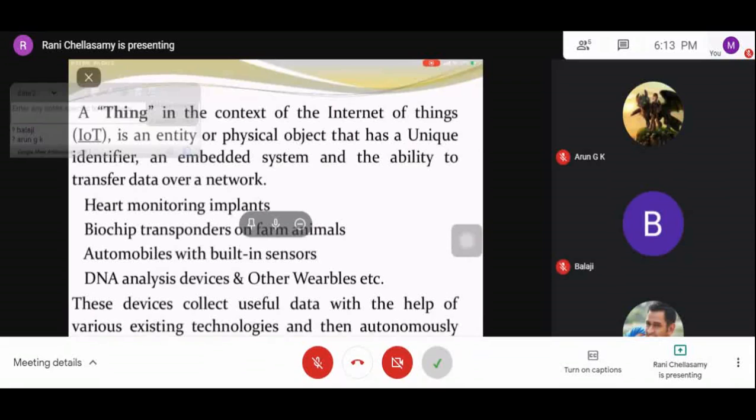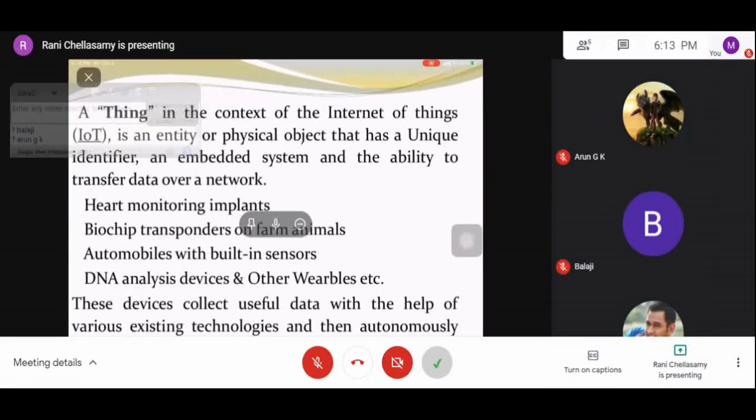This is nothing but an object which has a unique address, that is a unique identifier ID, and an embedded system useful for transferring the information gathered, and this information is shared over the network.